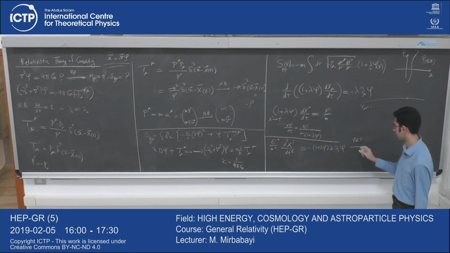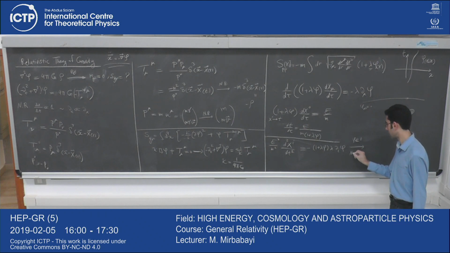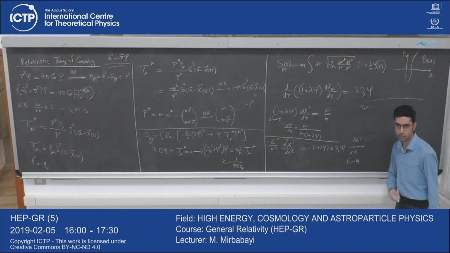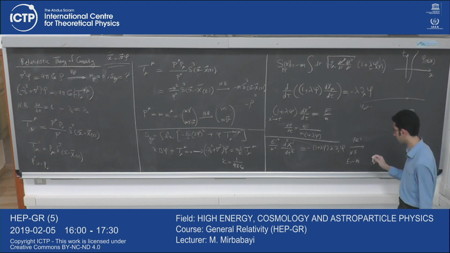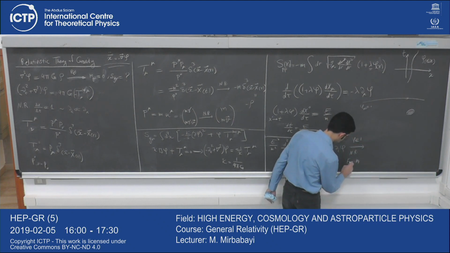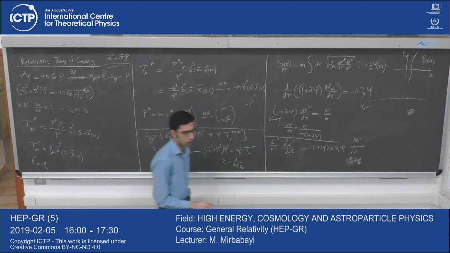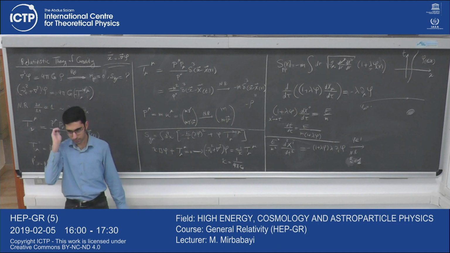The second assumption is that we want to take the non-relativistic limit, in which E over m will be approximately 1 up to small corrections.